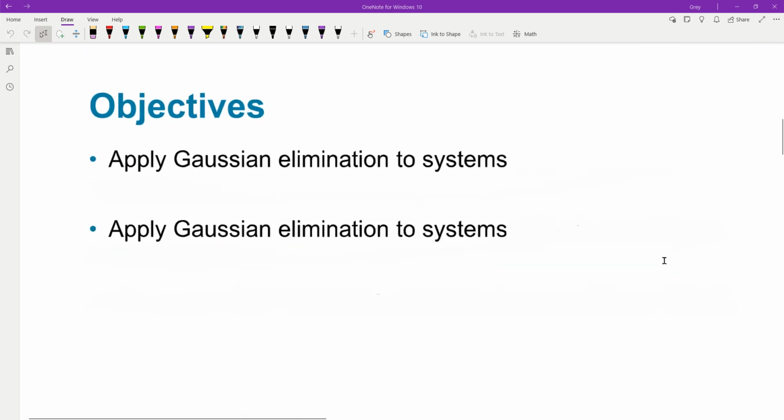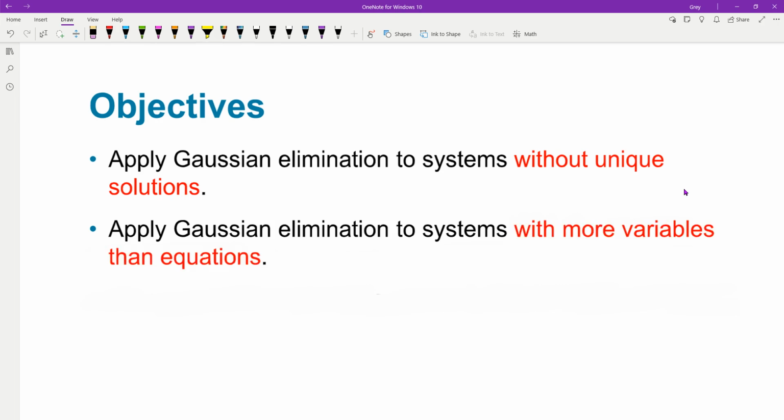What we're going to talk about today is continuing with the previous lesson. We're going to use Gaussian elimination to solve systems without unique solutions. That means they have more than one answer, and we're also going to apply Gaussian elimination to systems with more variables than there are equations.